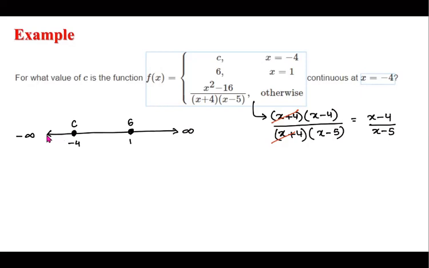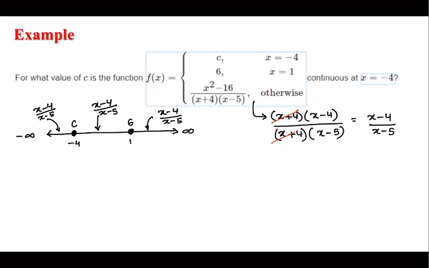That means in this interval here, the function is x minus 4 over x minus 5. Similarly, in this interval, it is x minus 4 over x minus 5. And also in this interval, the function is x minus 4 over x minus 5.